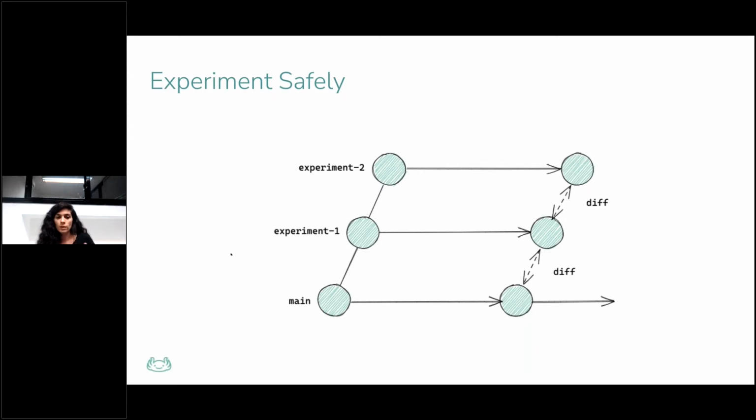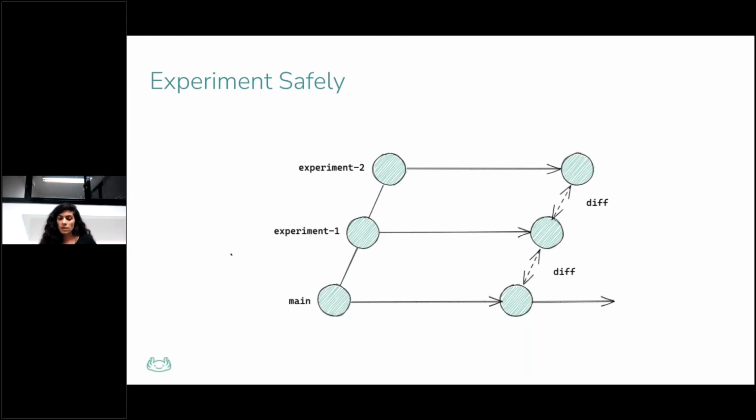So you can decide to create an experiment branch for any experiment that you're running. Examples could be maybe you're tuning a hyperparameter and you're creating an experiment branch for every different value that you experiment with. Or maybe you're trying a different algorithm on each experiment branch.